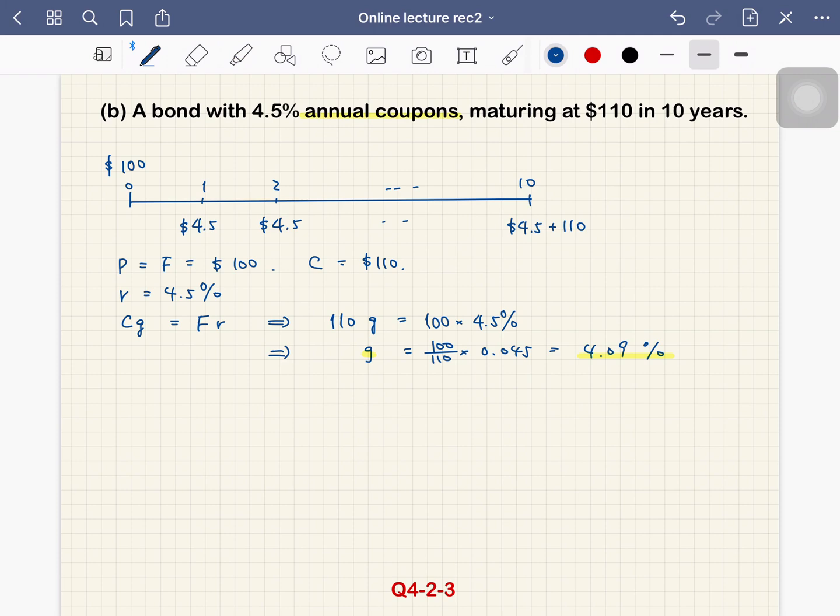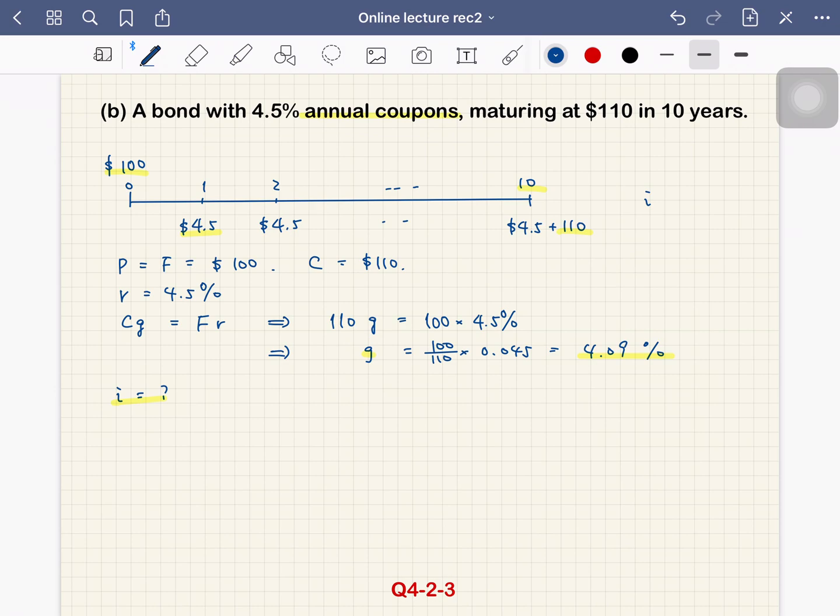And how about the effective interest rate, I? This can be calculated by BA II Plus. The yield rate is calculated given present value, future value, payment, and length of the timeline.